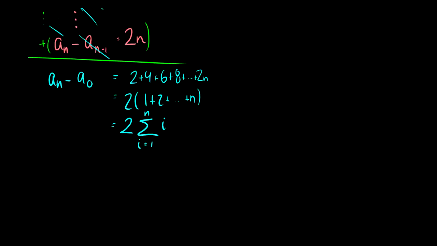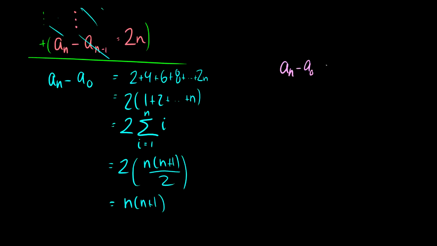If I did, I would give you the formula. So whether you need to know this formula or not depends on your professor. But this is the same thing as 2 times n times n plus 1 over 2. So this simplifies to n times n plus 1. So the recurrence relation solution is an minus a0 is equal to n times n plus 1.